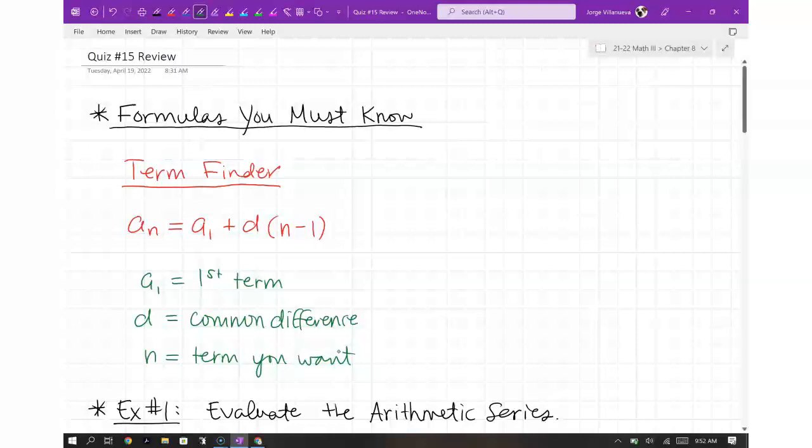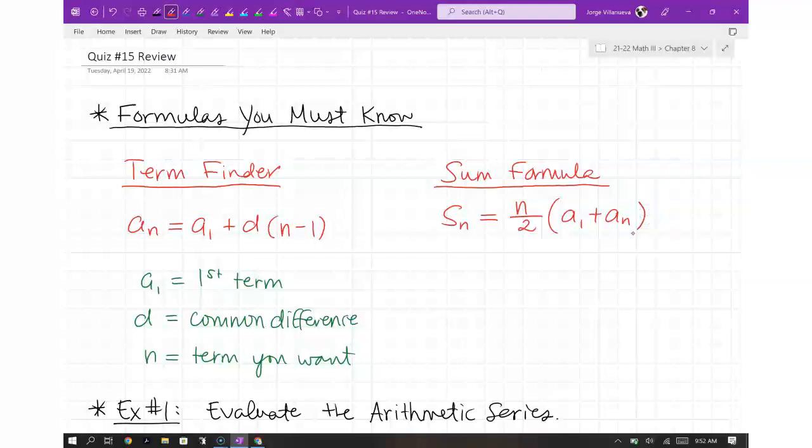Okay? Now, anytime they say evaluate or find the sum of or find S sub n or something like that, you're going to use the sum formula. Now, the sum formula looks like this. S sub n equals n over 2 times a sub 1 plus a sub n. Now remember, S sub n is the sum of the first n terms.